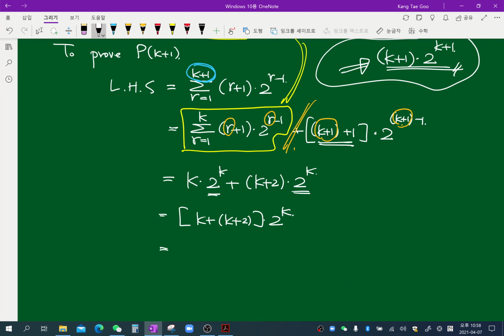Then there is 2 times k plus 1, because this is k plus 2k plus 2, times 2 to the power of k. And then this 2 and this 2 to the power of k, we can merge them together. Then k plus 1 times 2 to the power of k plus 1. This is your right hand side of P k plus 1. That's the same as this.